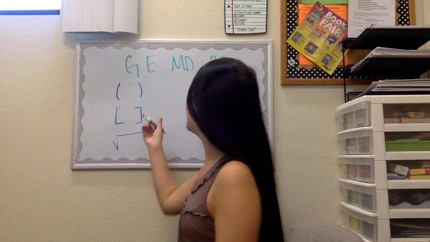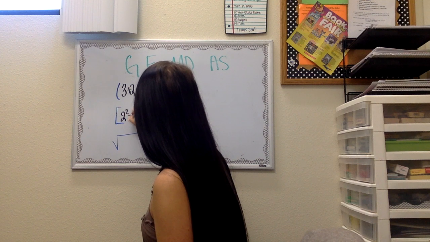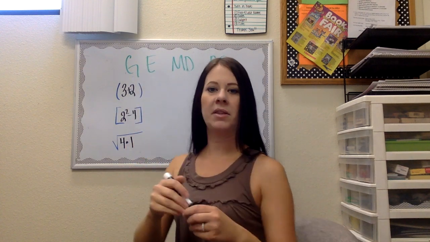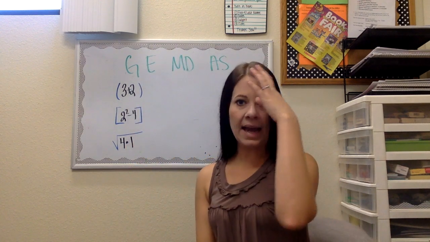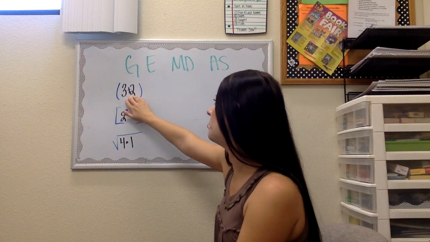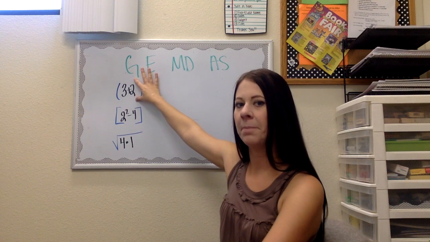So what I mean by that is if I actually have numbers inside, okay, obviously I just made those up. If I actually have numbers inside, I have to do those numbers first. So with this, I would need to do 3 plus 2 and make it a 5, and then use a 5 for the rest of the problem.